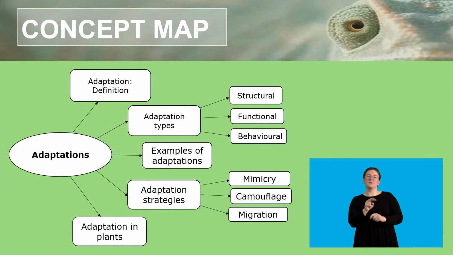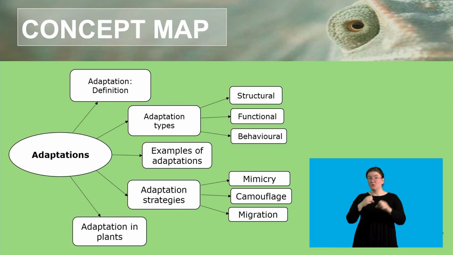So under this topic of adaptations, we are going to cover concepts such as the definition of the word adaptation. We are going to look at the three types and provide explanations like mentioned in the lesson objectives.